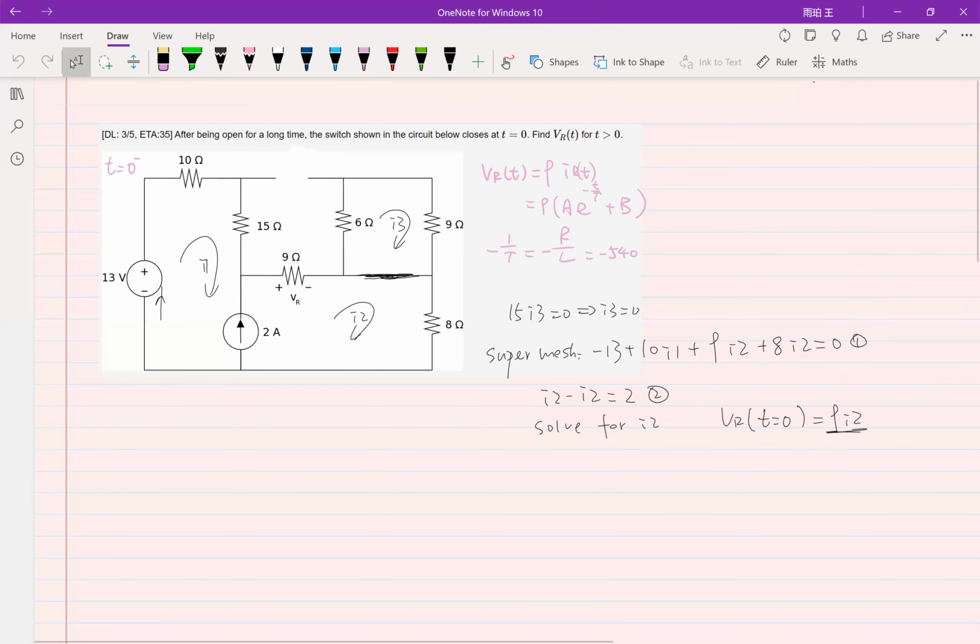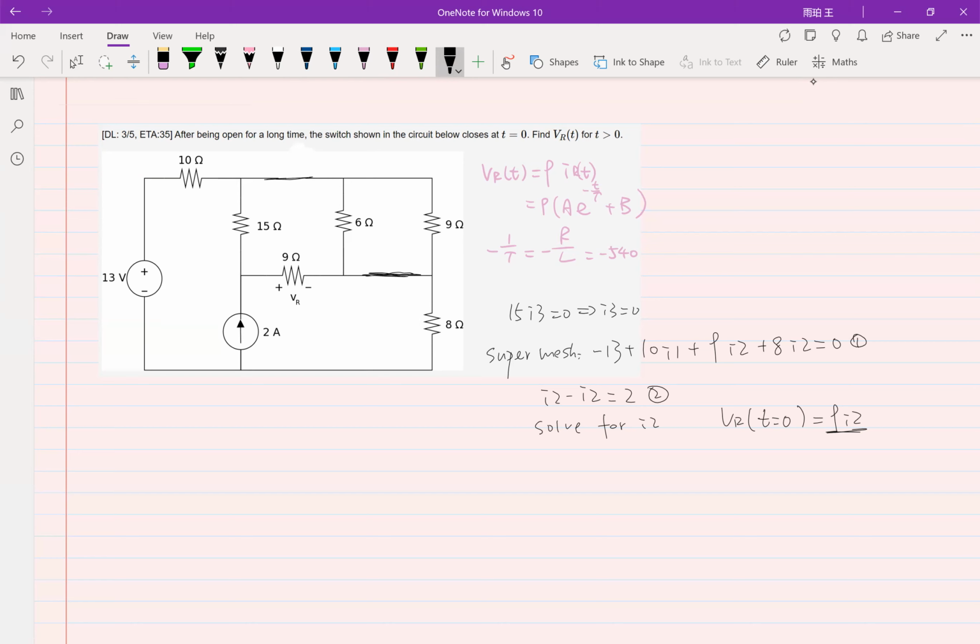Okay. And then let's look at the circuit when it hasn't been touched for a very long time after the switch was closed. So similarly, the inductor is going to be short-circuited, because it hasn't been touched for a very long time. And let's close this as well.